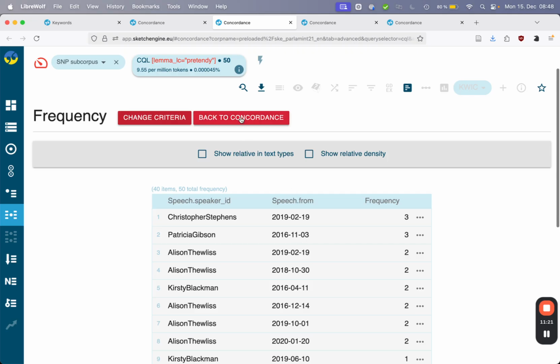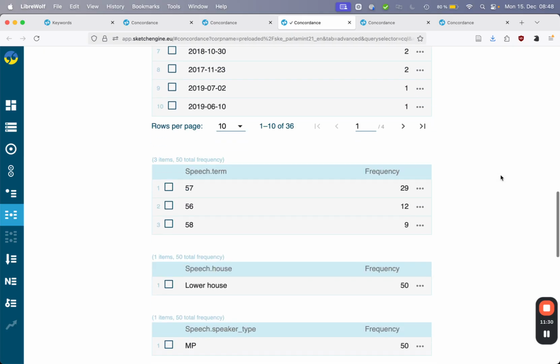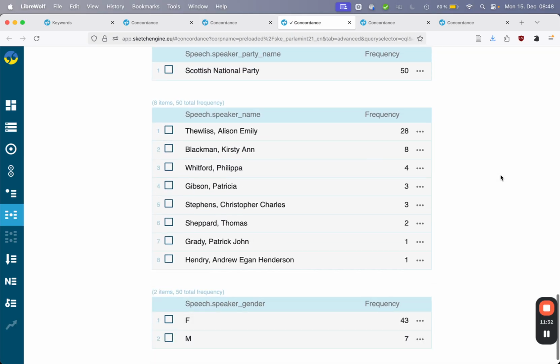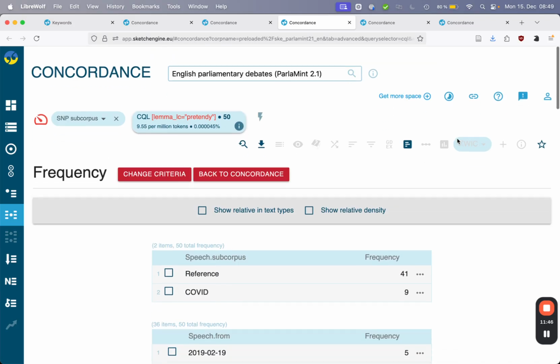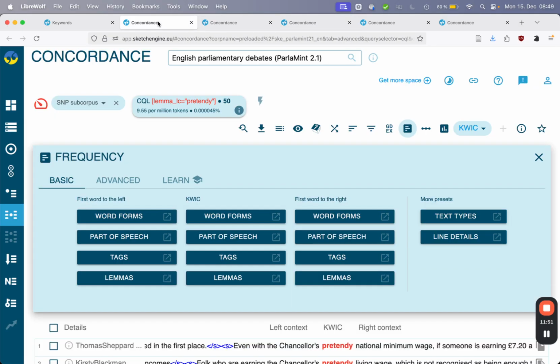So actually it's not quite what I needed. What I meant is text types. And here we will have individual speakers. So actually Alison Thewliss uses it 28 times. So she's by far the biggest user of pretendy as an adjective. And then just a few other speakers who use this term. Very interesting term, I should say. I very much like it. I might adopt it myself.